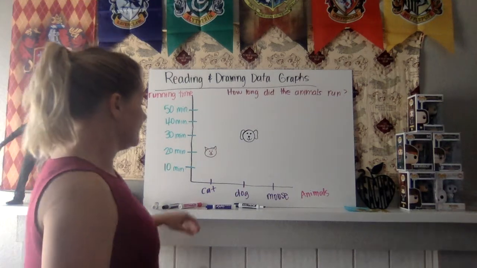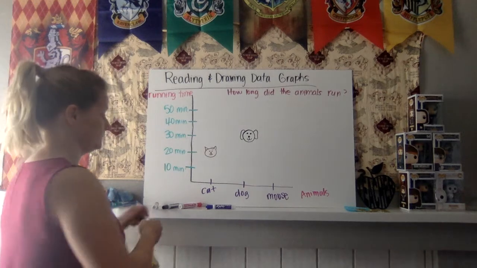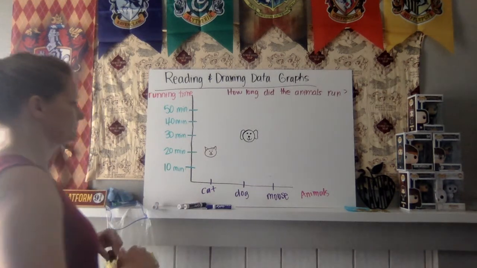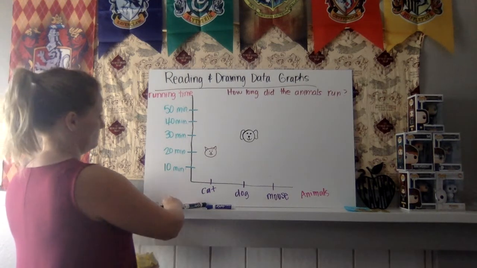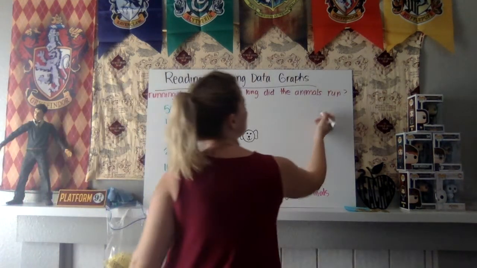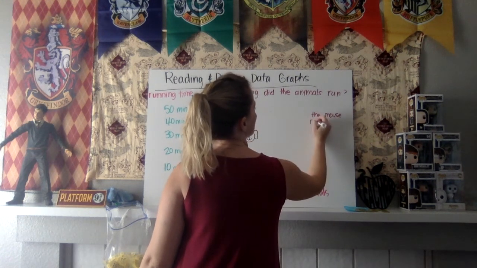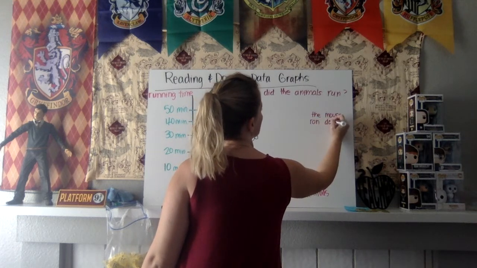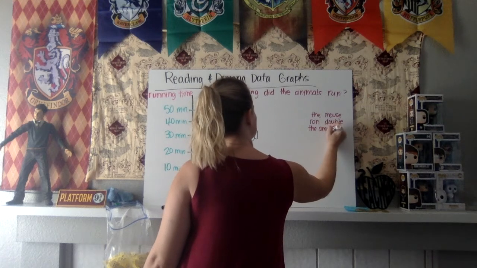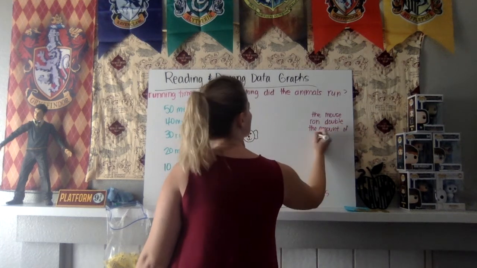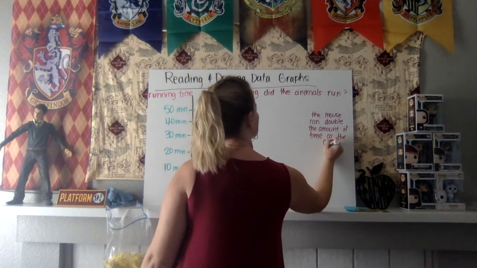Okay? Now, you guys are going to have to make an inference. The mouse ran double the amount of time as the cat. Okay?